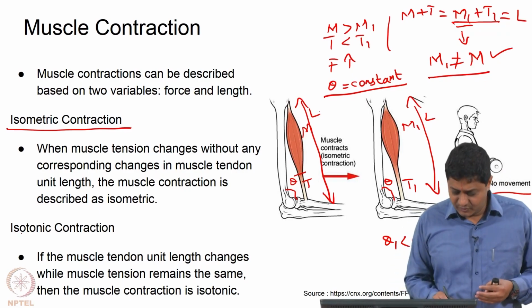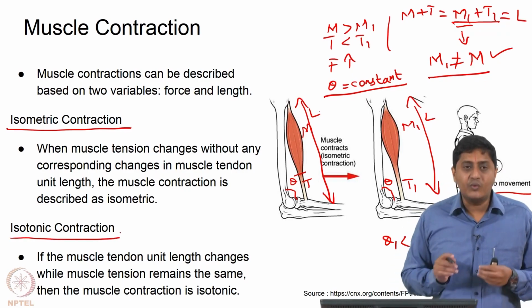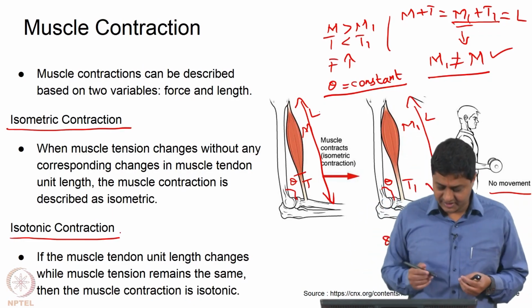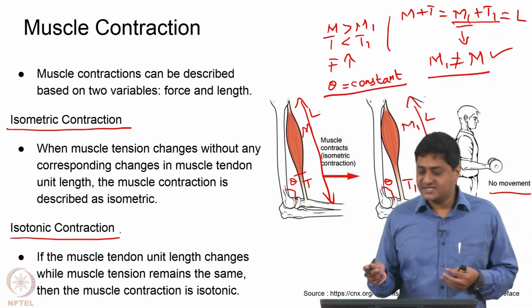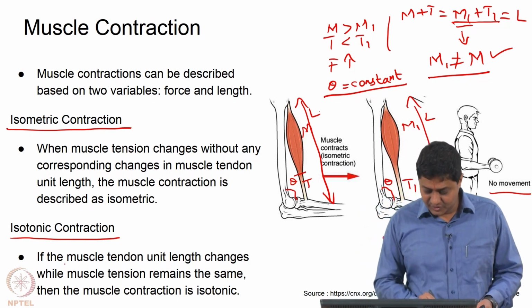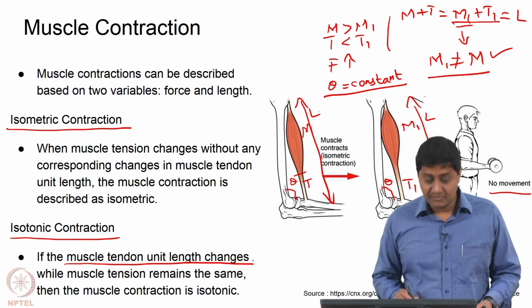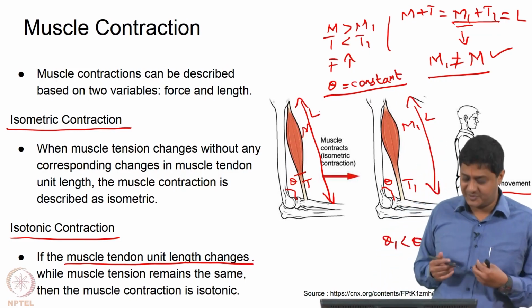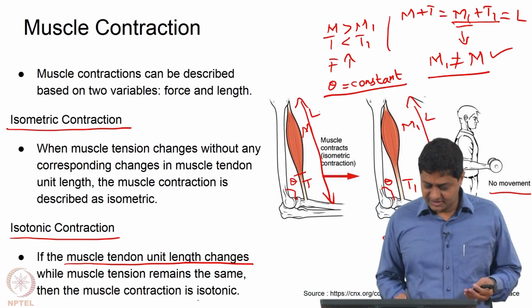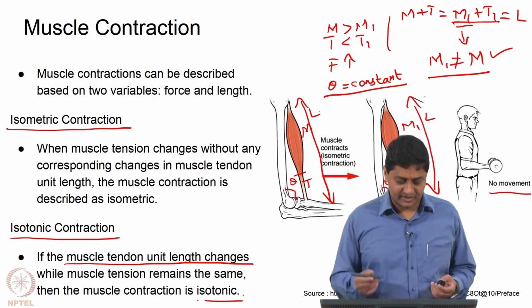This is the reason why we call equal force contractions isotonic contractions, a case in which the muscle plus tendon unit length changes, but the tension or the force produced by the muscle remains approximately the same. In that case the contraction is called an isotonic contraction.